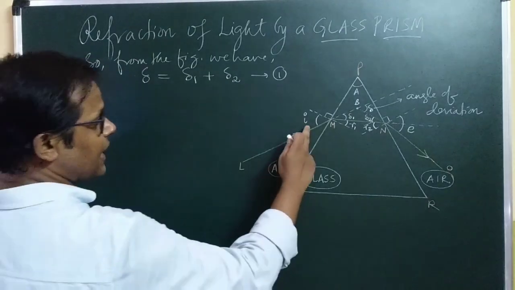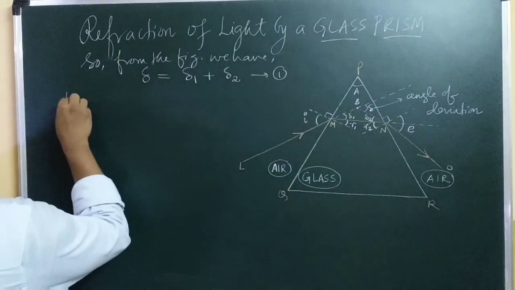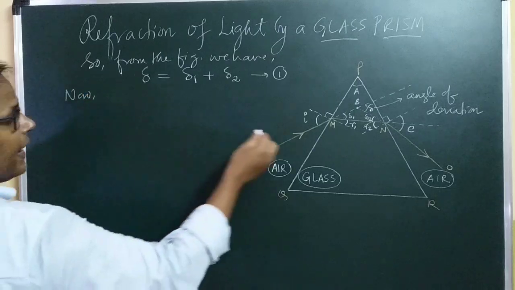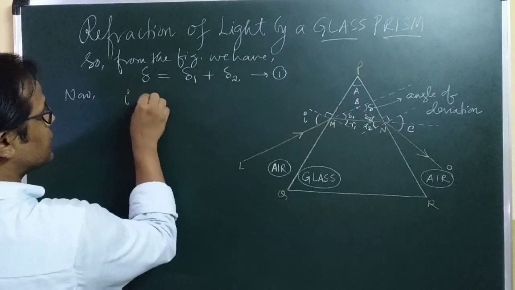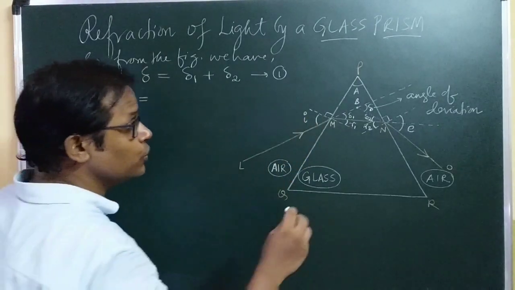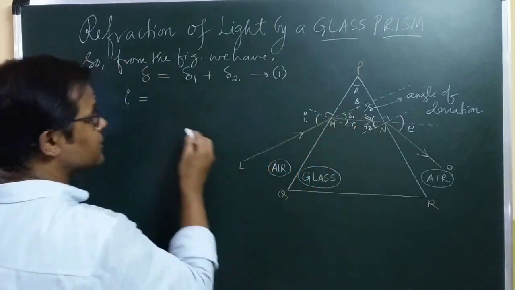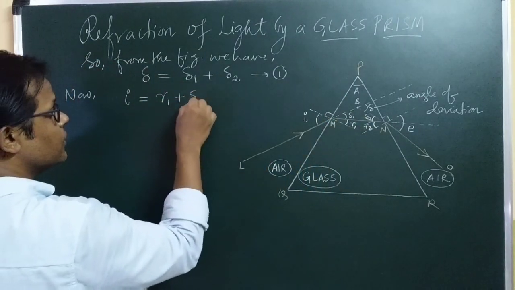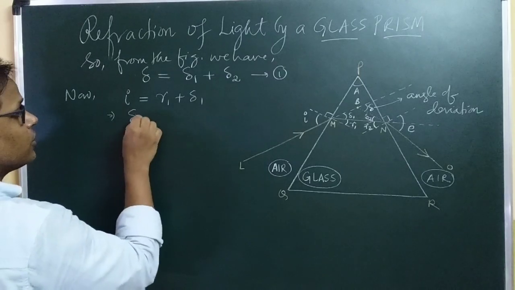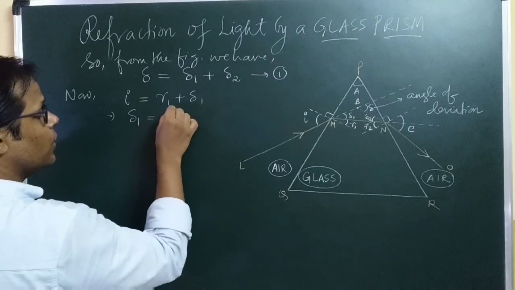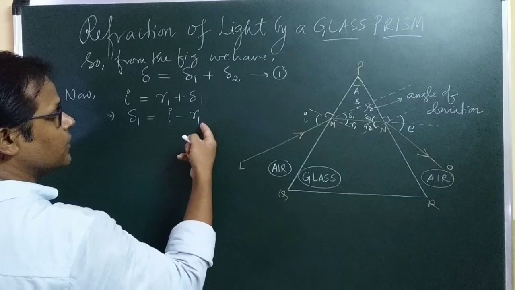Alright. Now, if you observe these angles, angle I can be written as equal to, focus here, R1 plus delta 1. So from this, I can easily find out delta 1 should be equal to I minus R1. That's good.